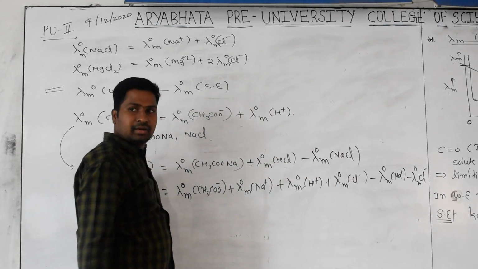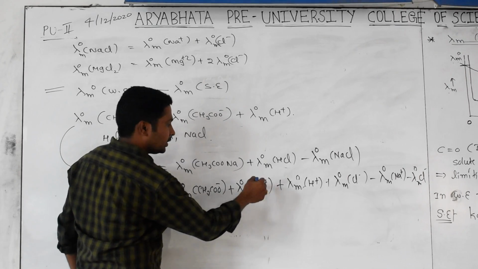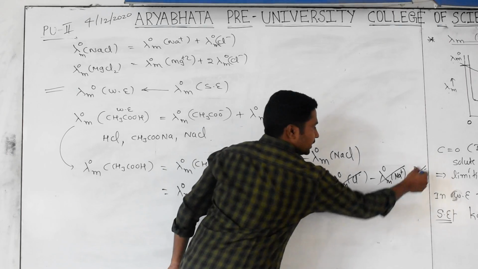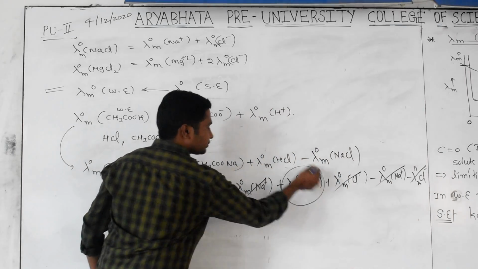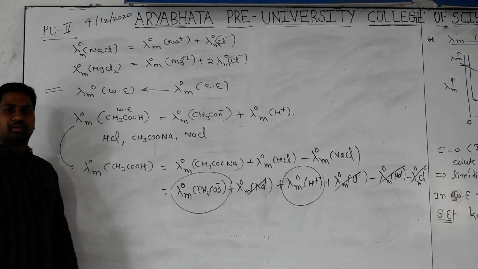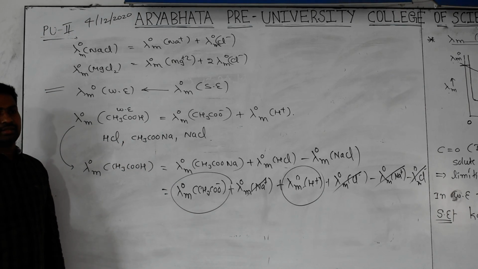Some are cancelled here. What is cancelled? Na plus and Na minus cancelled. Cl plus and minus cancelled. What remains here? That is nothing but the limiting molar conductivity of the weak acid.